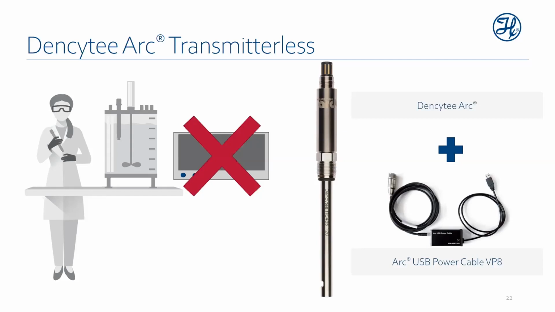In order to get the actual signal itself, you really just need the Dencytee Arc sensor. And so we built the transmitter into the sensor head itself. And so this is an all-encompassing sensor measurement plus signal conversion into Modbus digital. And so at its core, if you want to make a measurement with this, you really only need a sensor and a cable at bare minimum.